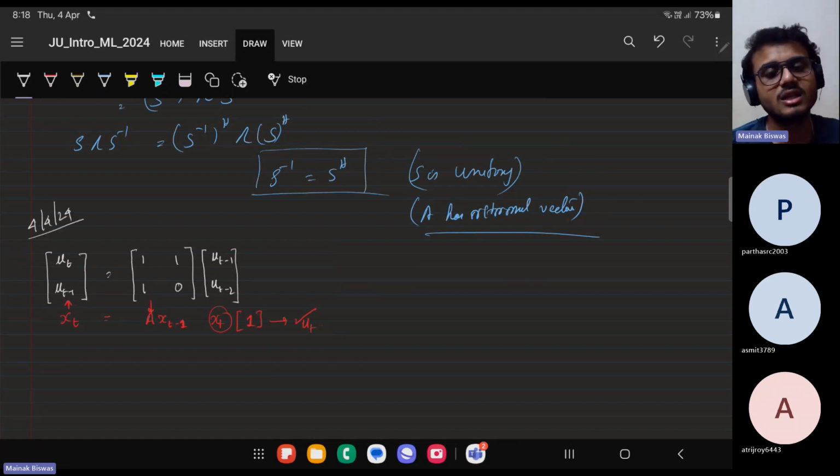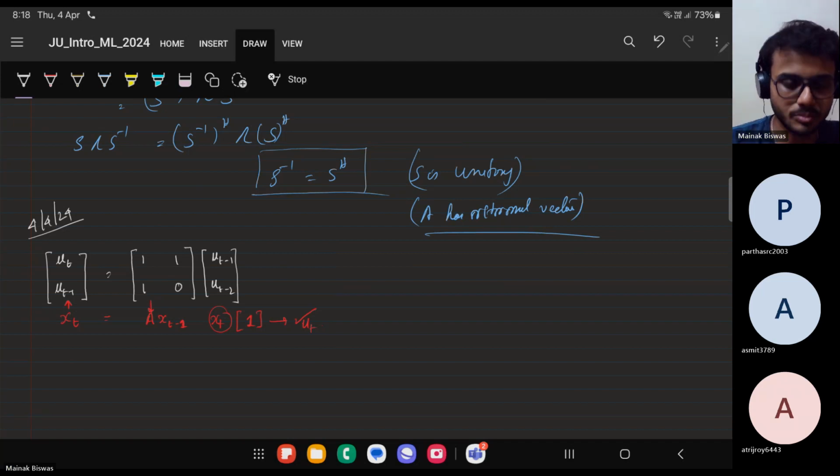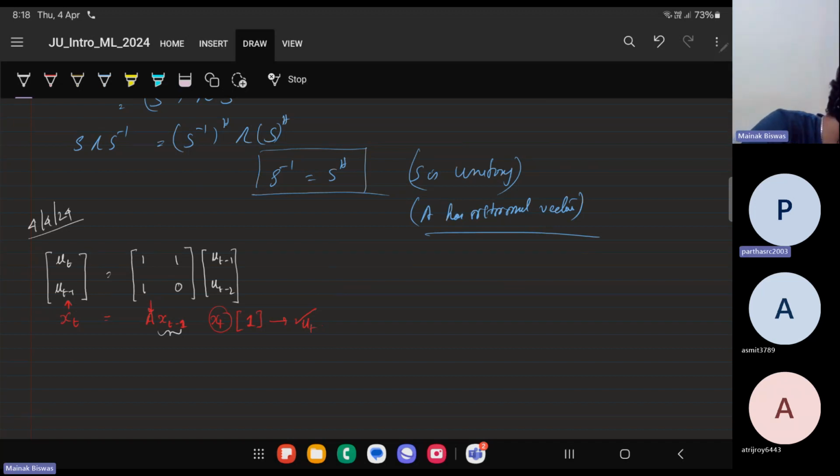Now, what does this equation look familiar to? If x_(t-1) was an eigenvector, would it help you? Just understand the feeling.